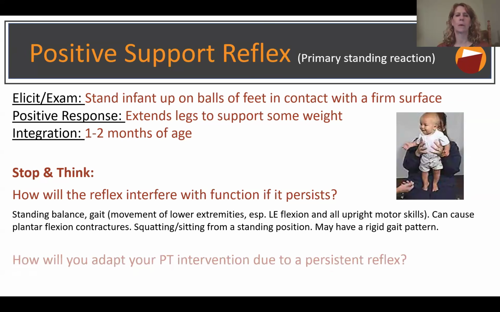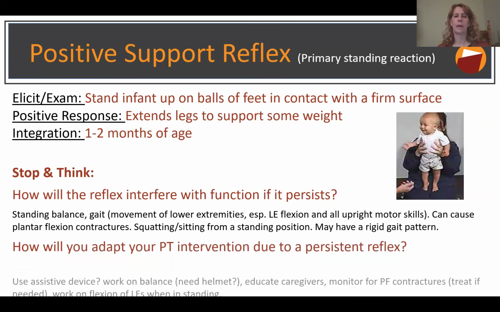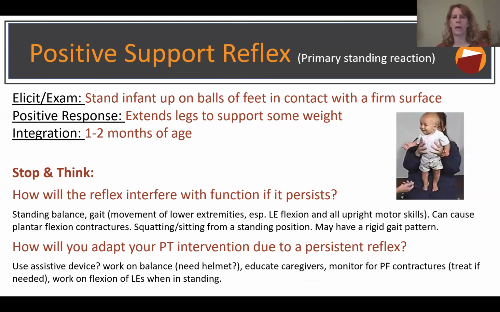All right, so how are we going to adapt? Kind of the same stuff. Do they need an assistive device? Work on balance. Do they need a helmet? Educate. We're always going to educate caregivers. We're always going to monitor for integration of the reflex. We're going to monitor now for plantar flexion contractures. We may have to treat that, maybe they need orthotics, okay?